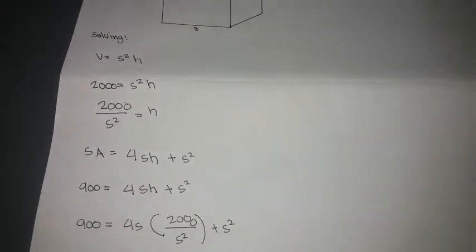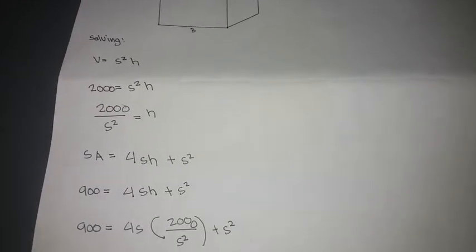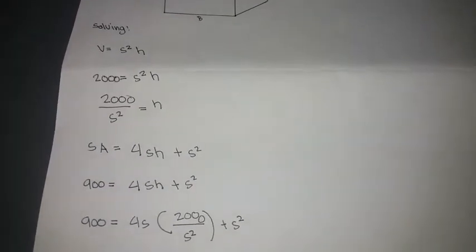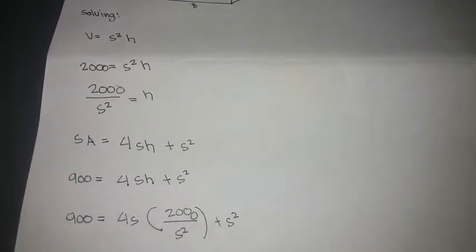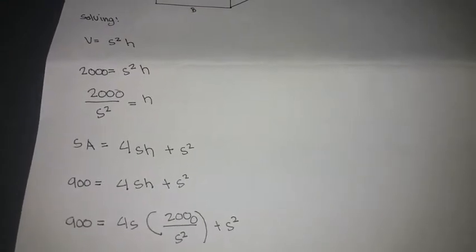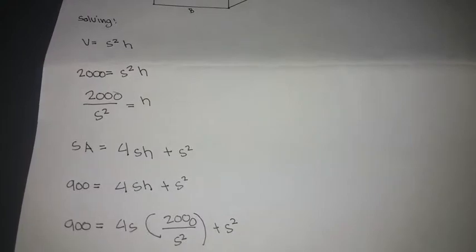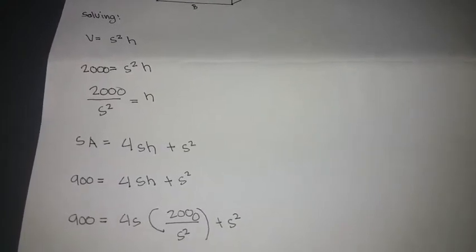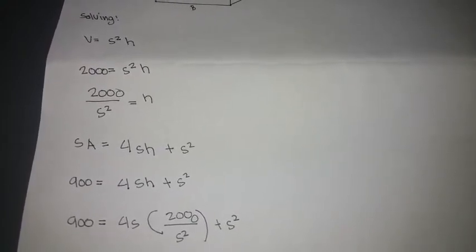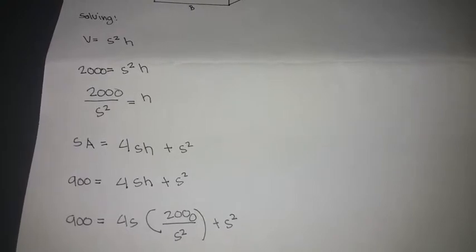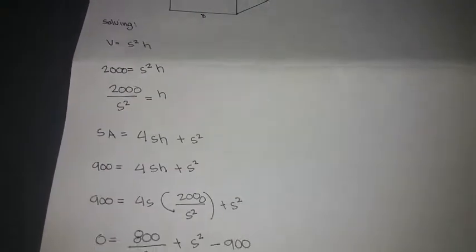So this is the equation: 900 equals 4s times 2000 over s squared, plus s squared. So this is the answer.